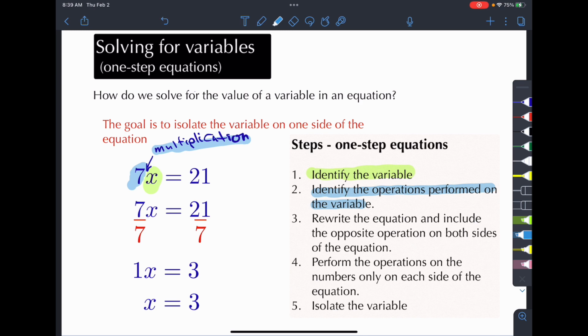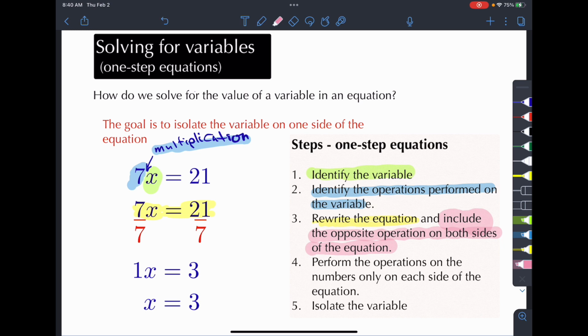All right, step 3. We rewrite the equation and include the opposite operation on both sides of the equation. So all of this that I'm highlighting in yellow is the rewrite.